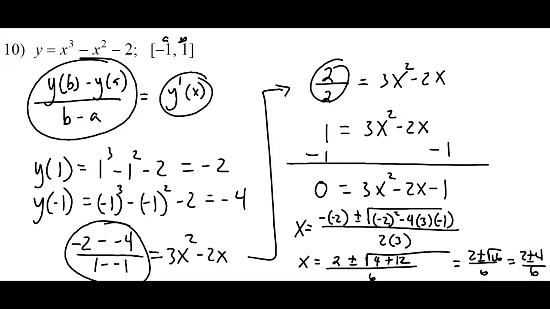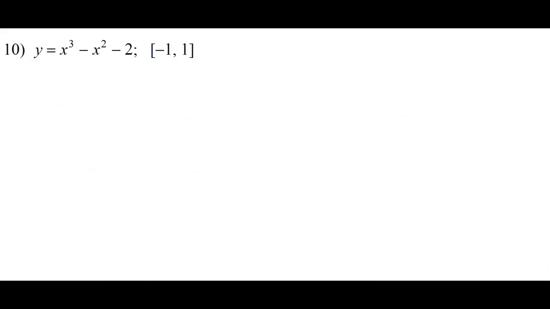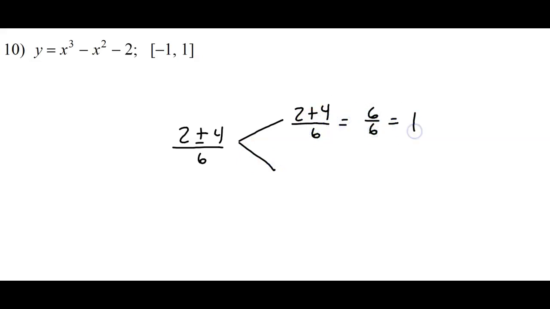Okay, so I've got 2 plus 4 and 2 minus 4 over 6. Running out of space, so I need to erase. If you need to write the stuff down, go ahead and do that, but I am going to be erasing here. So I have 2 plus and minus 4 over 6. That's going to split up into 2 plus 4 over 6, which is 6 over 6, which is 1, and 2 minus 4 over 6, which is negative 2 over 6, which is negative 1/3.